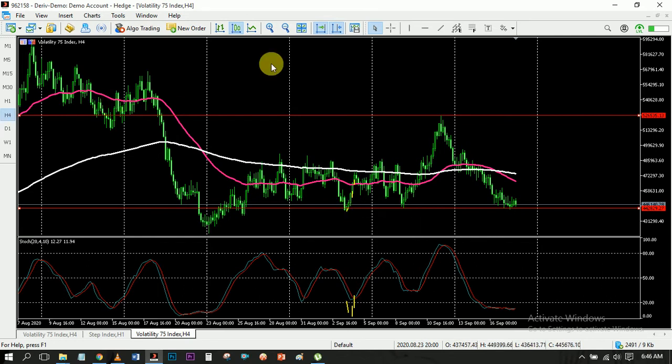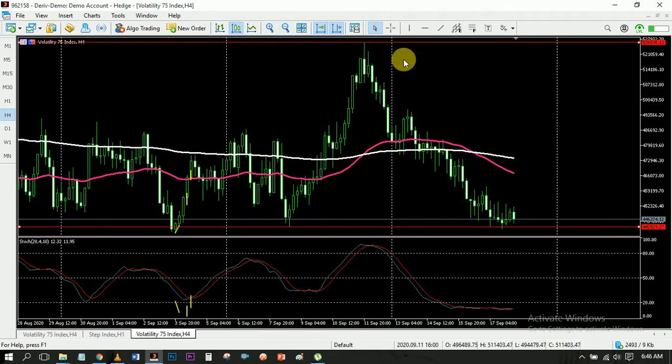So now what you want to do is draw your Fibonacci. You take your Fibonacci tool. You notice the market moved in the upward direction, from down here to up here.